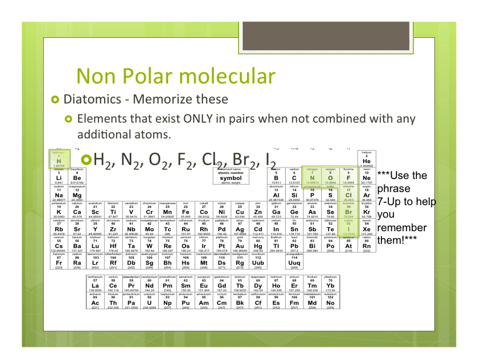So a very specific type of nonpolar molecular bonds involve the diatomics. We're going to be memorizing these. These elements only exist in pairs. So if we say oxygen gas, well, oxygen gas isn't just O, it is O2, because when it's by itself, oxygen is going to pair with another oxygen.